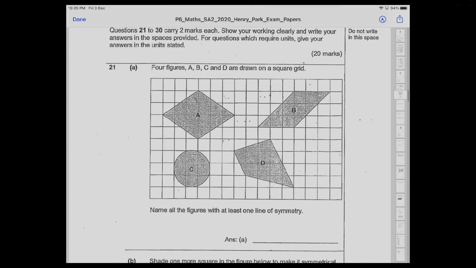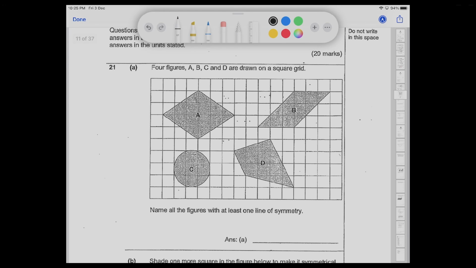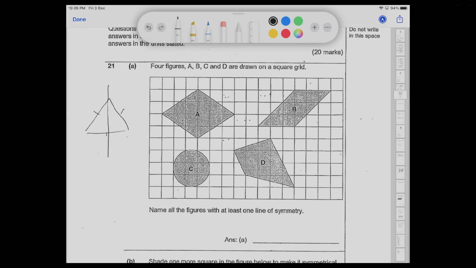4 figures A, B, C, and D are drawn on a square grid. Name all the figures with at least one line of symmetry. What is a line of symmetry? For example, in this equilateral triangle, I can give you the official mathematical definition, but what you need to know is that a line of symmetry, in layman terms, is when you fold this figure in half, you fold it over to the side.